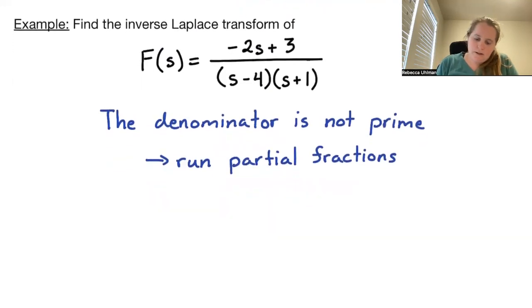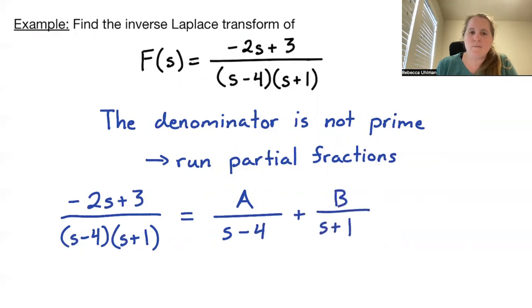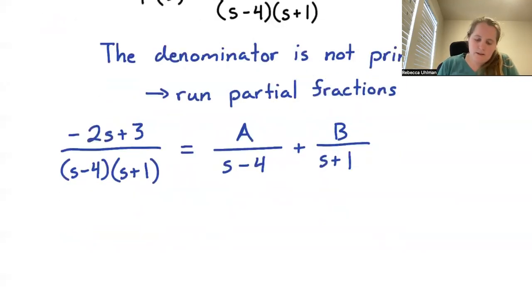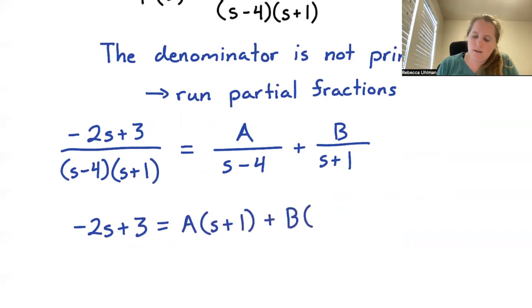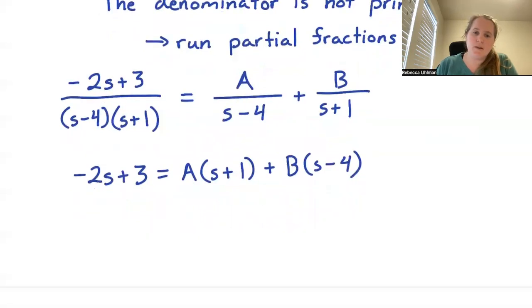So we are looking at (negative 2s plus 3) over (s minus 4)(s plus 1). This we should be able to write as A over (s minus 4) plus B over (s plus 1). So what we get is negative 2s plus 3 should be equal to A times (s plus 1) plus B times (s minus 4). The trick here is to plug in values of s that make one of those terms on the right disappear.